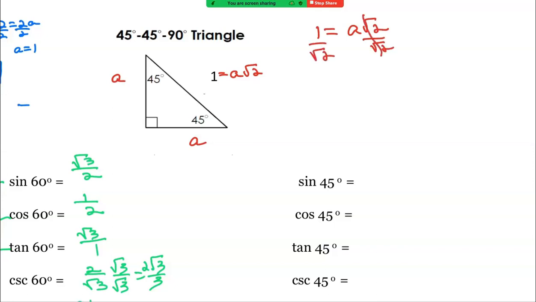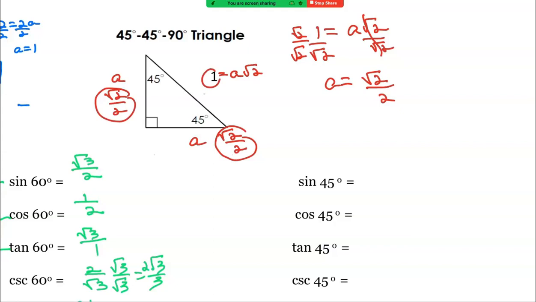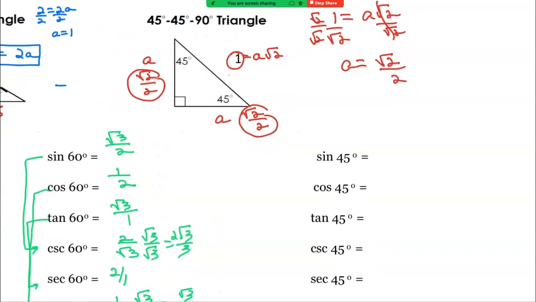I have to divide by root 2, and I have to rationalize. So A is going to be root 2 in the numerator, 2 in the denominator. So this is root 2 over 2, and this is also root 2 over 2. So now we have all our values. Here's one value, second value, third value, which was given.